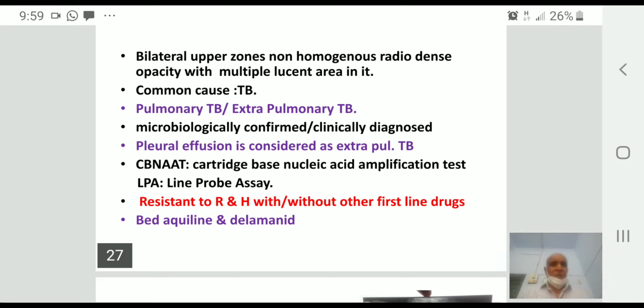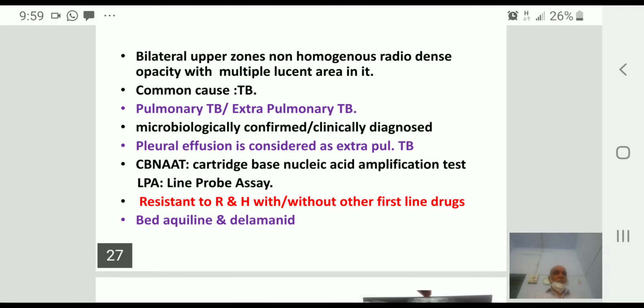rapid diagnosis by the rapid molecular tests. One is CBNAAT and LPA, a cartridge-based nucleic acid amplification test, and line probe assay. Both can detect rifampicin resistance in tuberculosis.